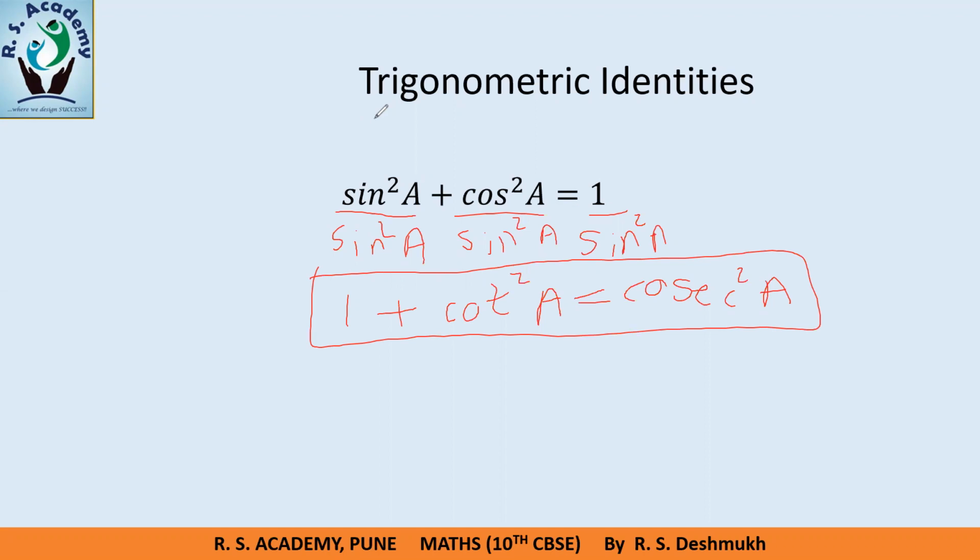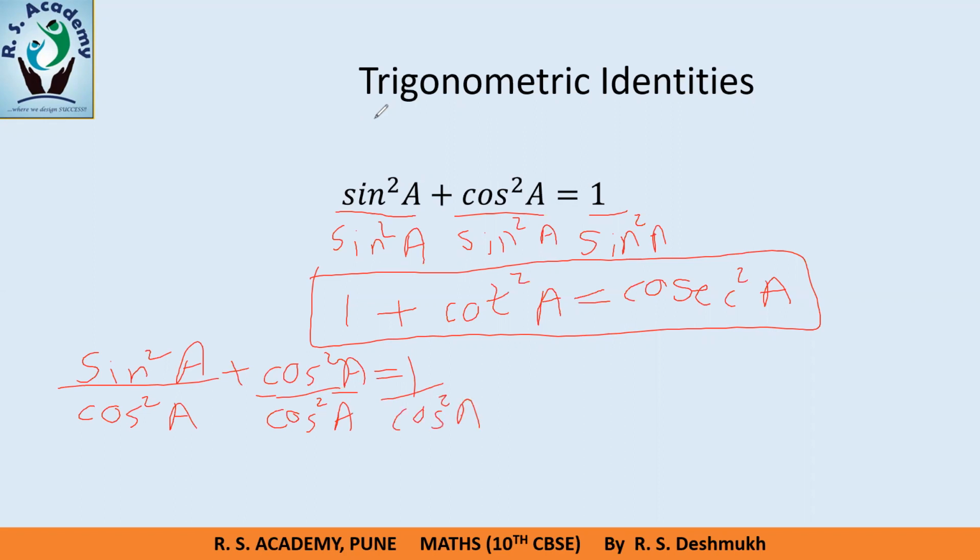Same thing, I again write the same equation. We know that sine square A plus cos square A is equal to 1, and if I divide similarly this equation by cos square A, each and every term, sine upon cos is tan.